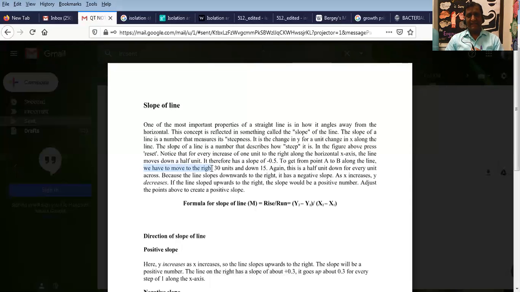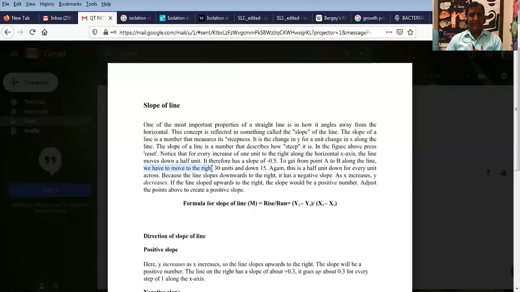Again, this is a half unit down for every unit across. It has a negative slope: as x increases, y decreases, and vice versa.